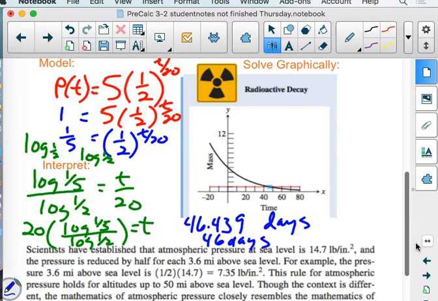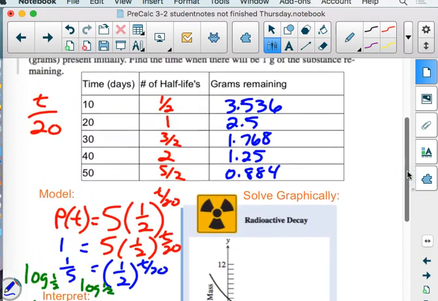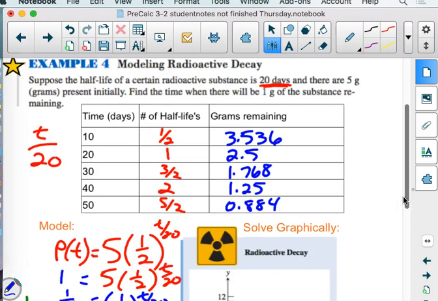About 11. So if somebody asked us, we wouldn't want to try and say 46.439 days. We try to be a little more accurate and say about 46 days, 11 hours. So our interpret is that last sentence where we pulled this all together. And what we wanted to know was, and I'm scrolling up to find that, when's there going to be 1 gram of this substance?